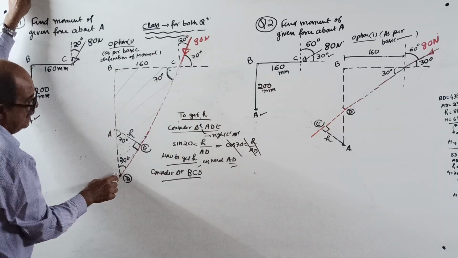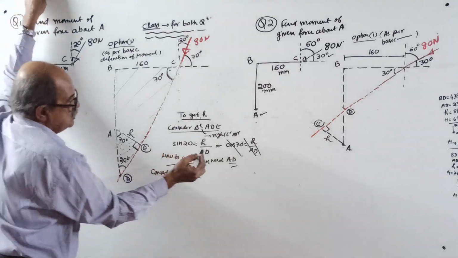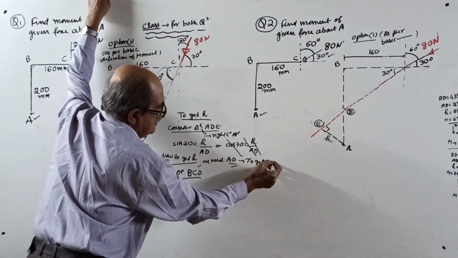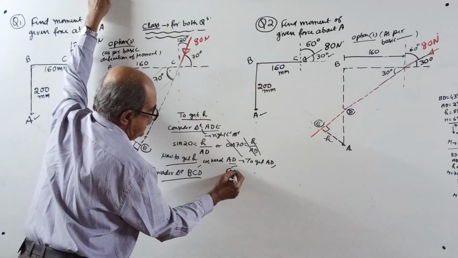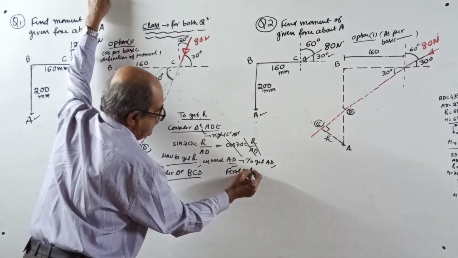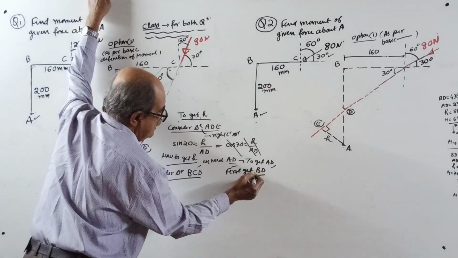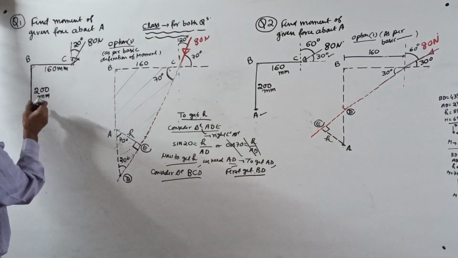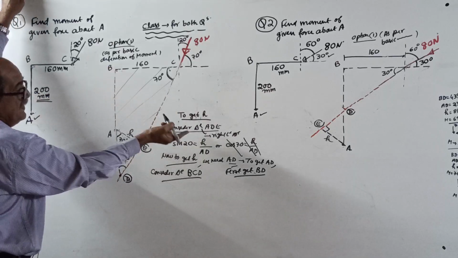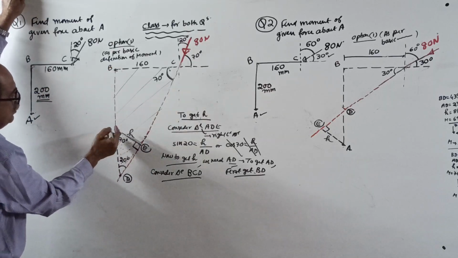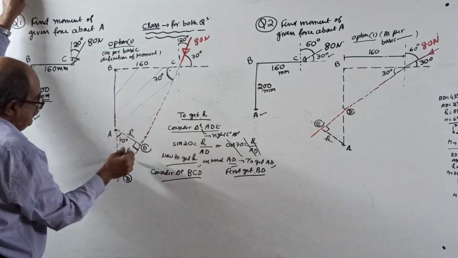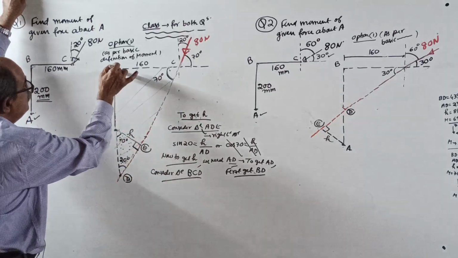Okay, you need AD. One minute here. To get AD, first get BD. Why? Because once you get BD, B to A is known to you, 200. You write there, B to A is already known. See, this is 200. So if you want AD, first you get BD.